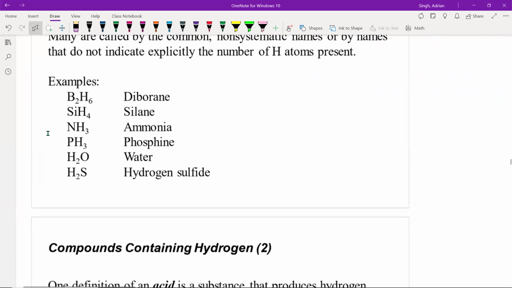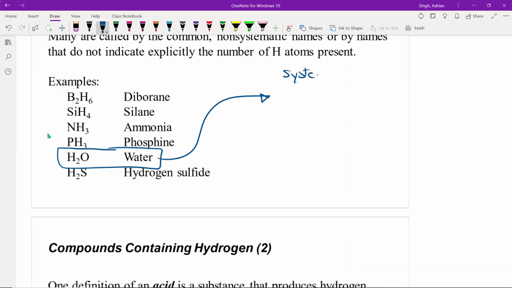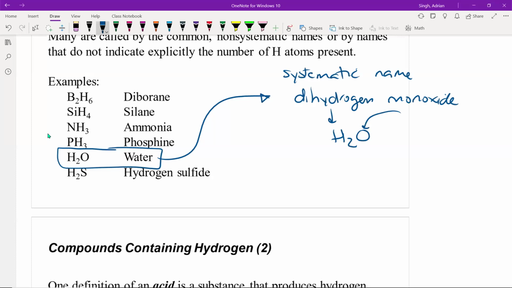For instance, if we look at our good friend H2O, according to the systematic IUPAC naming system, H2O would be called dihydrogen monoxide. Dihydrogen meaning two hydrogens, monoxide meaning one oxygen.